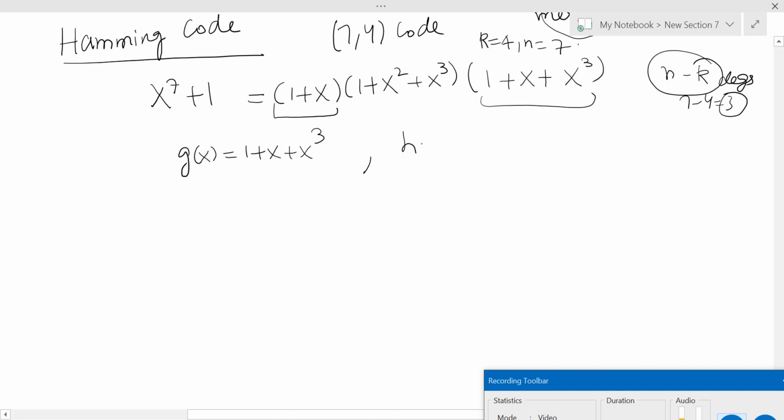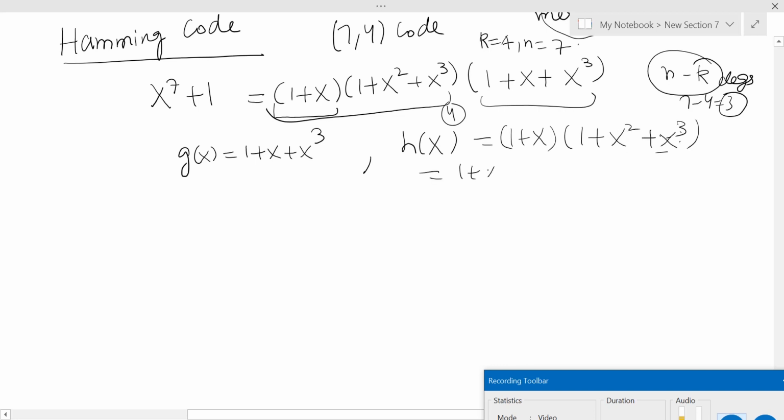So what will be the parity check polynomial? The rest of the thing, definitely of degree k. K is here 4. So this is of degree 4, which will be 1 plus x times 1 plus x square plus x cube, right? So this is equal to 1 plus x square plus x to the power 4. This is now your parity check polynomial.